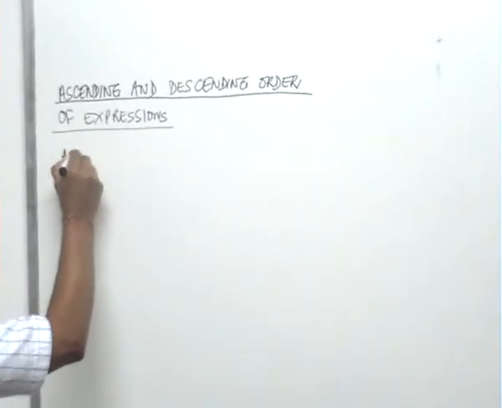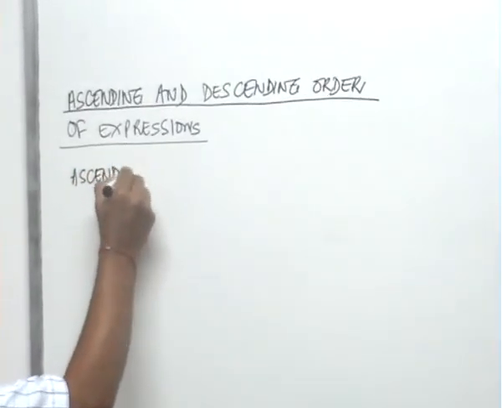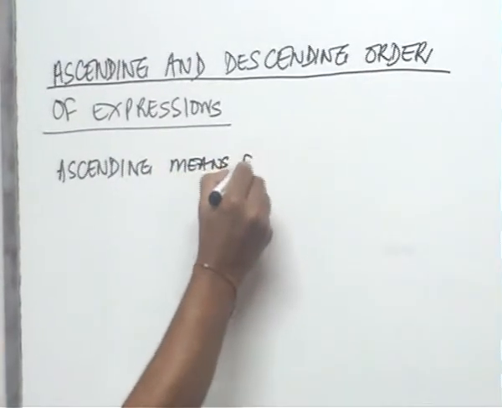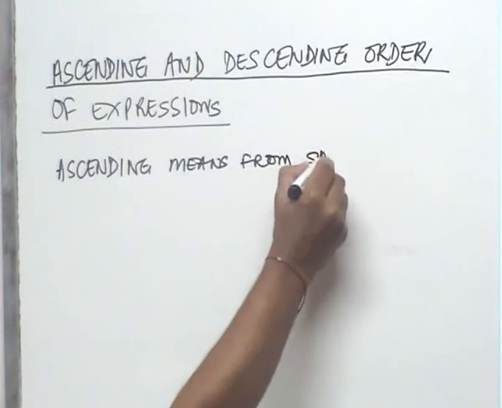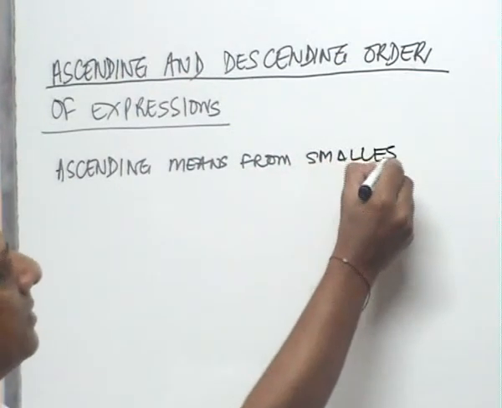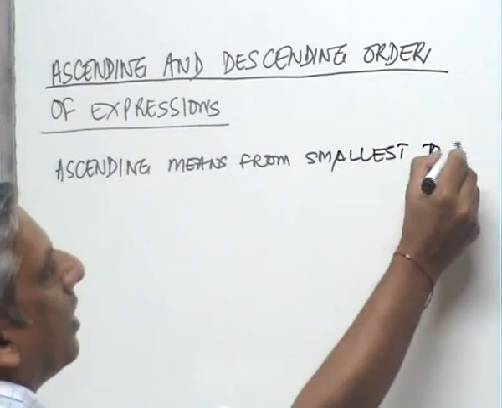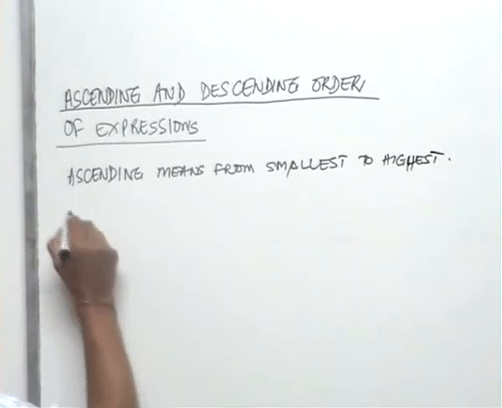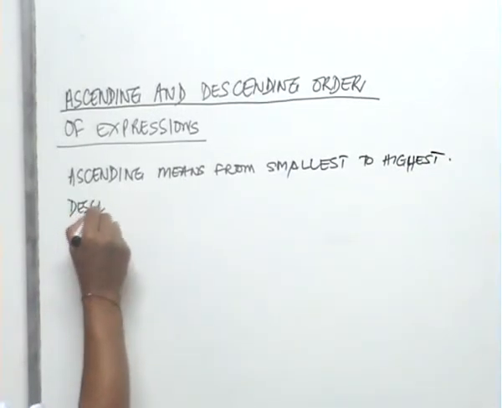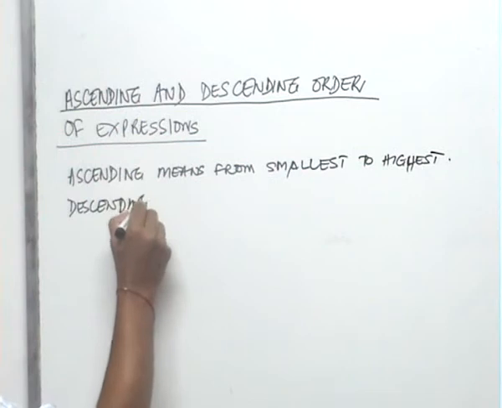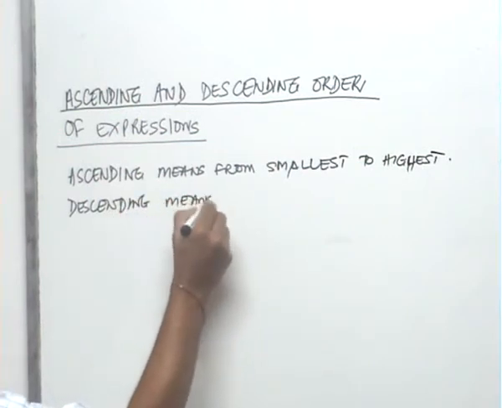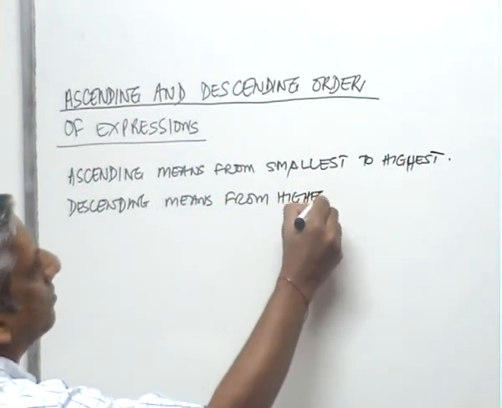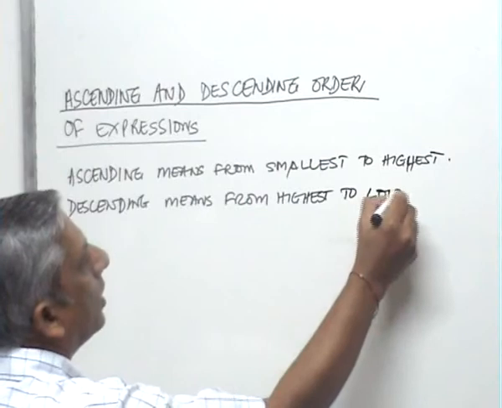Firstly, ascending means from smallest to highest, and descending means from highest to lowest.